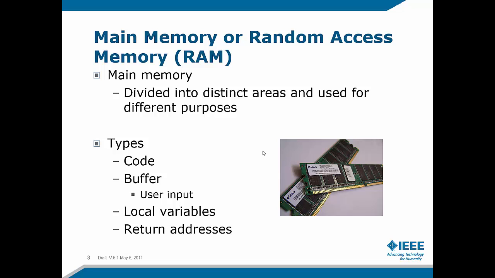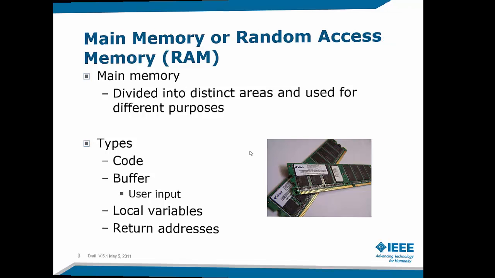Especially the area of your memory storing user inputs is referred to as buffer, and the buffer we're talking about in buffer overflows refers to this area of main memory. Return addresses are for indicating the next line of code to be executed on a CPU.